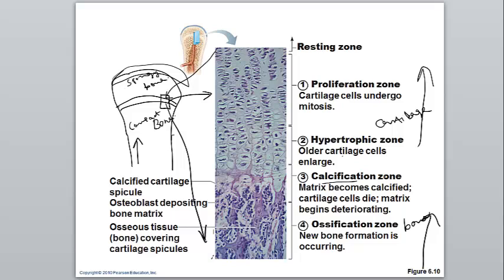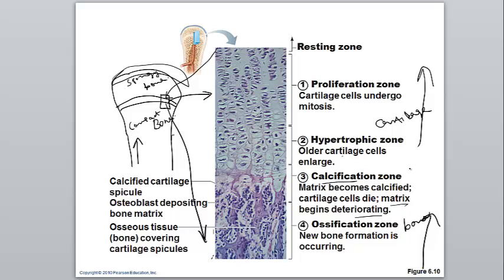Why? Because of the calcification, the cartilage cells are starting to die. Because they're dying, the matrix begins to deteriorate and becomes more vulnerable to any kind of breakage, right? The ossification zone is where new bone starts to form.